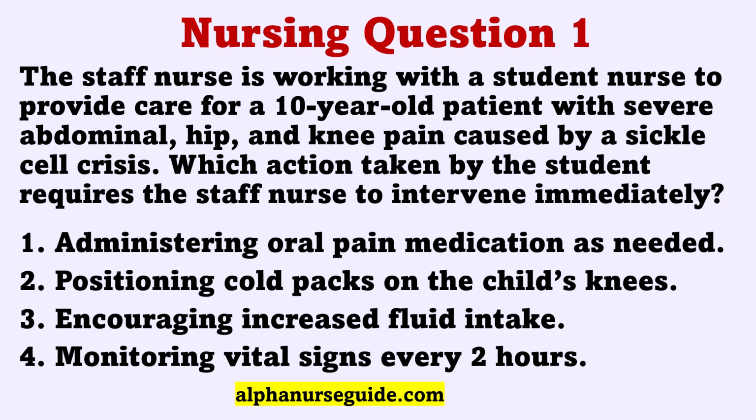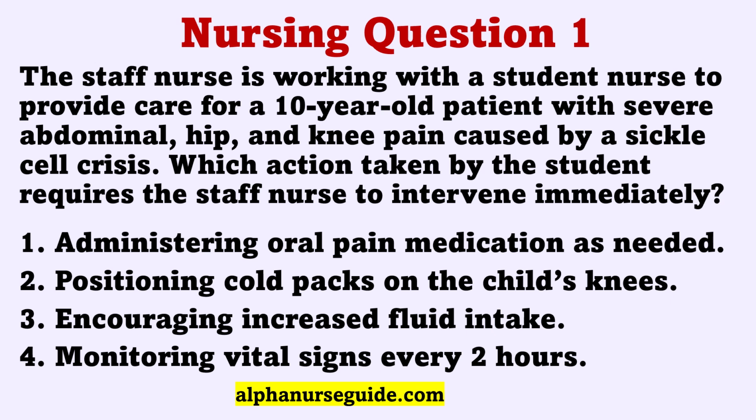The correct answer is 2. Positioning cold packs on the child's knees. Sickle cell crisis may include vaso-occlusive crisis, splenic sequestration, and aplastic crisis. The symptoms experienced by this child are indicative of both vaso-occlusive crisis and splenic sequestration. Placing cold packs on the knees of a child with vaso-occlusive crisis results in vasoconstriction, placing the child at risk for thrombosis formation.